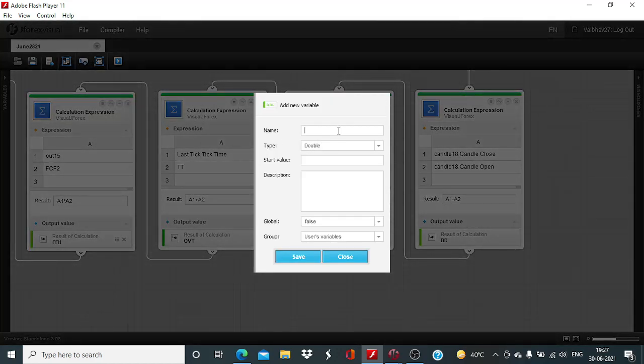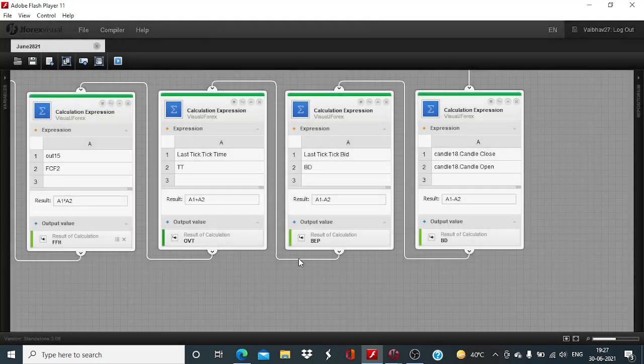So here I need to create a variable and add it to this third row. Create a new variable which is going to be named HD. It will be 0.5. Save.